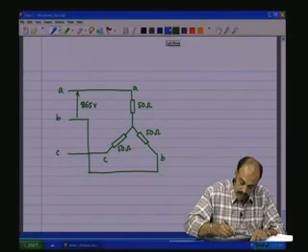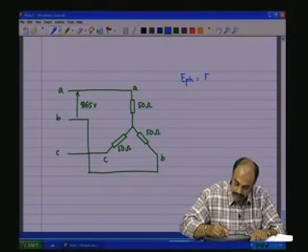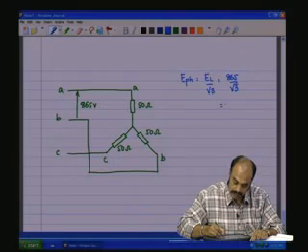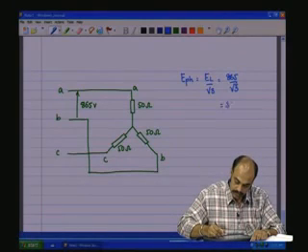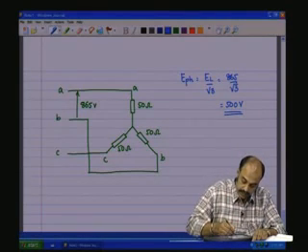Okay. So, now what is the phase voltage? The phase voltage will be line voltage by root 3, which is 865 by root 3, and that is equal to around 500 volts. So, that is the voltage across every resistor.